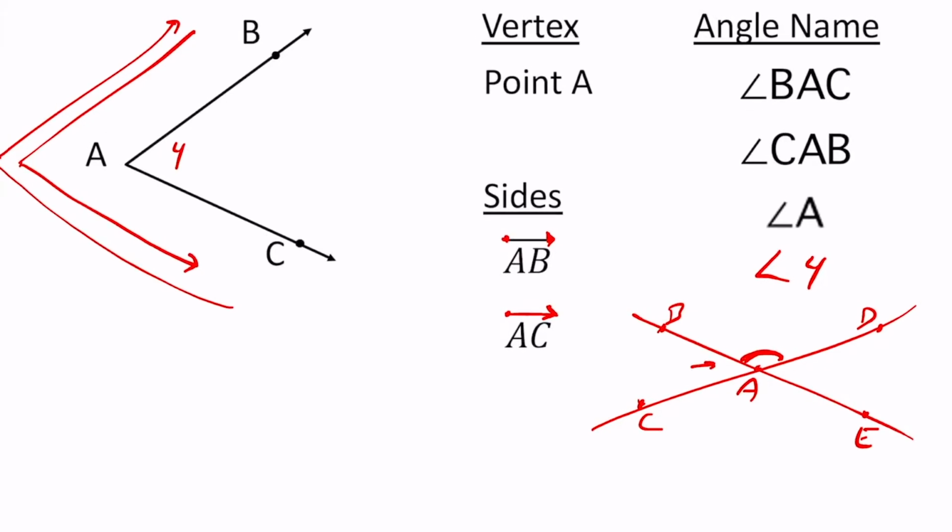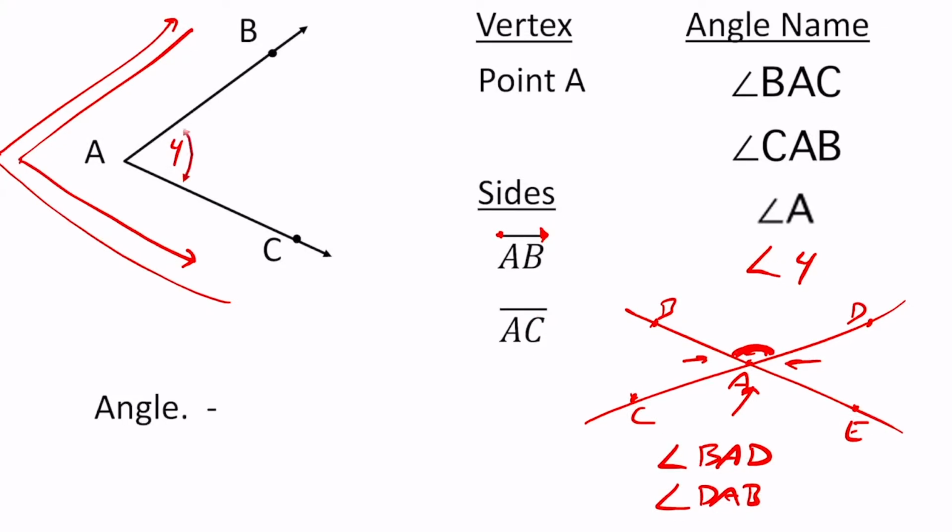A could be this angle, it could be this angle, it could be this angle. So you can't just say angle A. In this case, if I'm talking about this angle right here, it would have to be angle BAD or angle DAB, just not angle A.